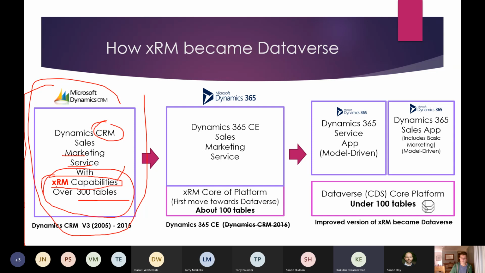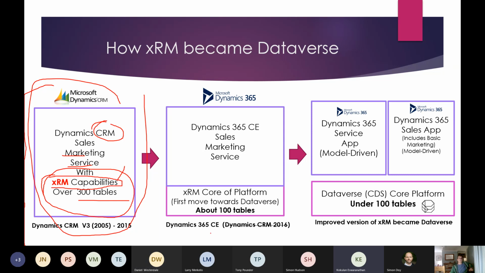XRM means anything relationship management system. Why don't we move that into a core layer so that we can build anything on top of it, and the Dynamics team can still carry on developing and adding more modules or features to what they already have?